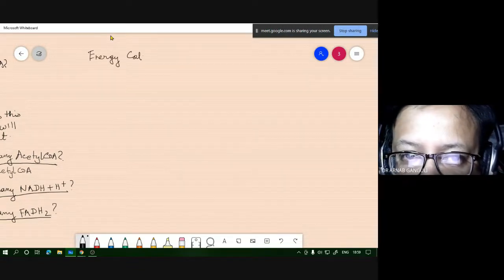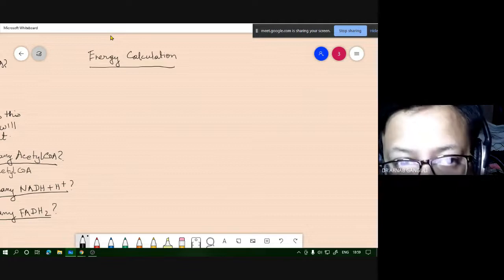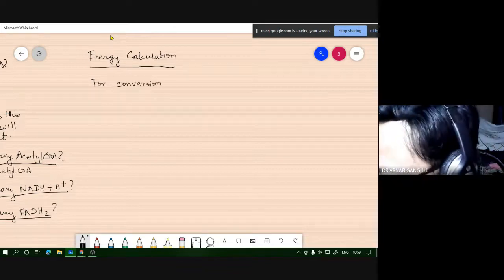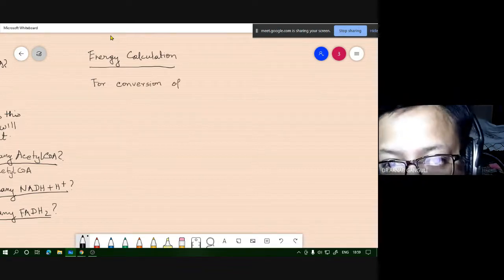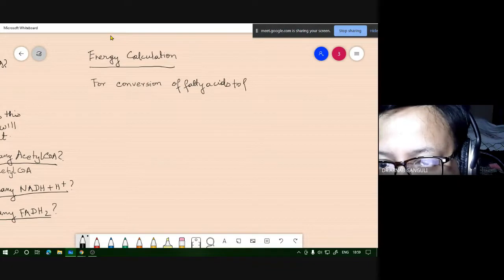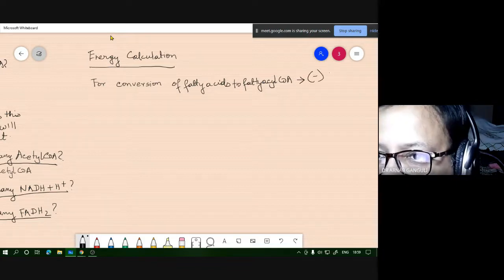Energy calculation. For conversion of fatty acids to fatty acyl CoA, minus 2 ATP.